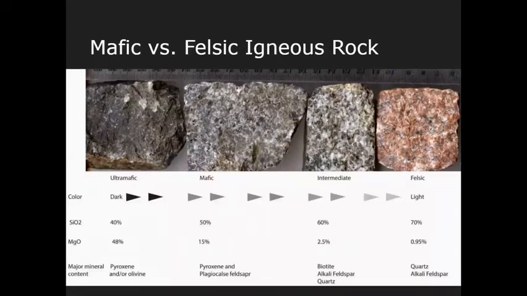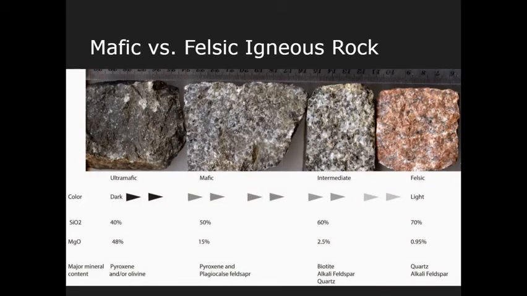I do want to point out that we have a kind of continuum of these colors for igneous rocks. On the left-hand side of your screen, you'll see very dark colored igneous rock. We would refer to this as ultramafic. It has very little silica content compared to the other rocks, but it has a lot of magnesium and iron in it.